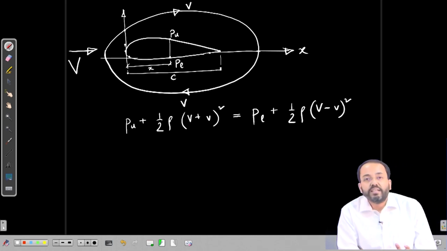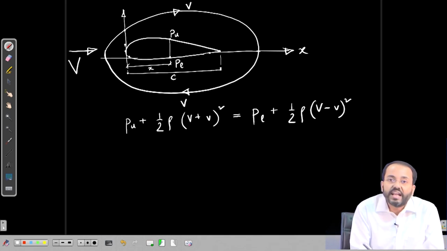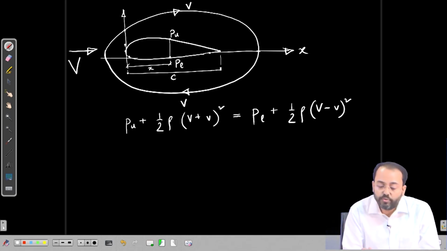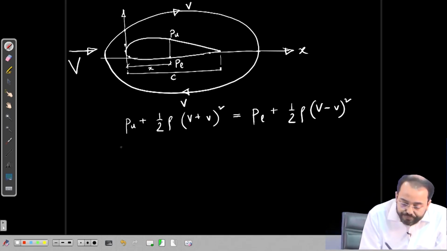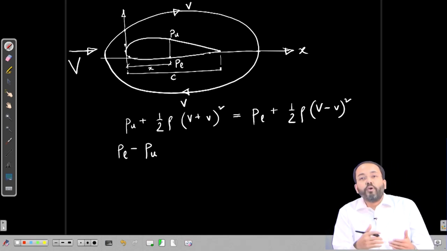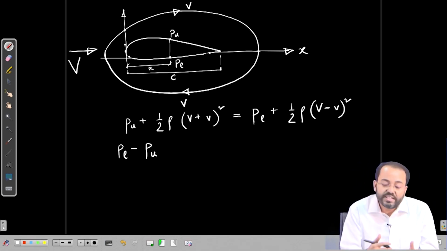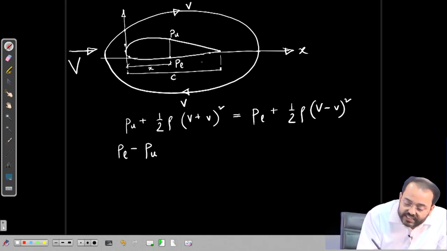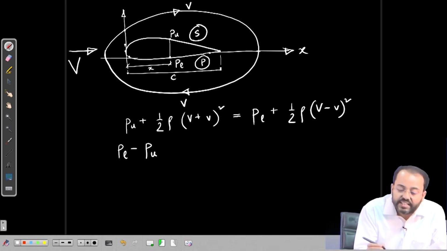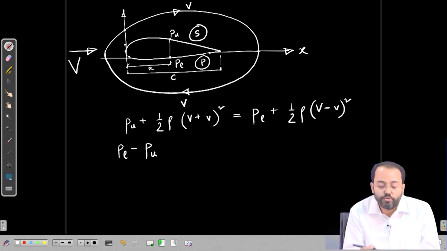So, using this Bernoulli's equation, we can relate the pressure and velocity over the upper and lower surface. Now, we can write Pl minus Pu. Remember that the bottom side, the lower side here, is the pressure side. So, this is the pressure side and this is the suction side. So, obviously Pl will be higher than Pu.